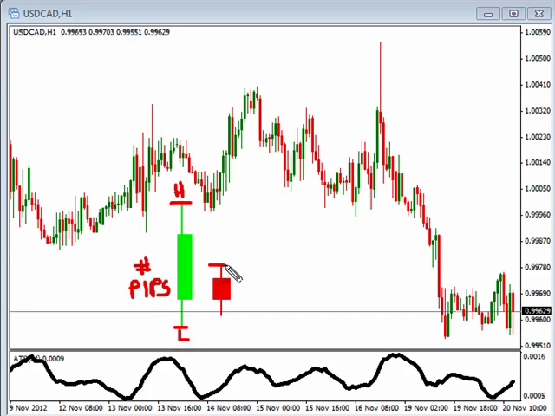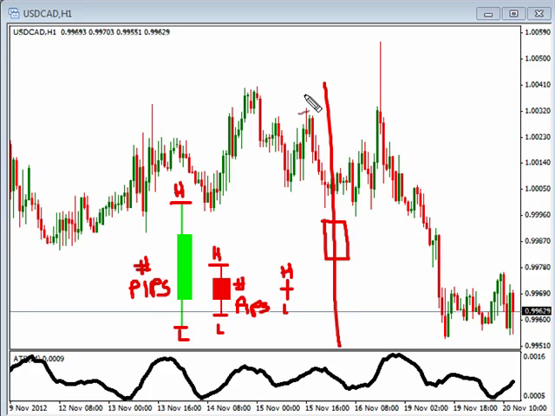It'll do the same thing for this one, take the high and take the low and determine the number of pips. And if this was a candle here, it would take the high and the low. Or if it's a real big candle, even if the body's small, it'll take the high and the low. And it will take these number of pips between this high and this low over a certain period.